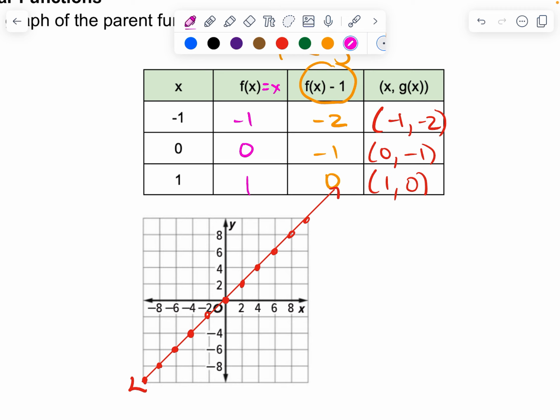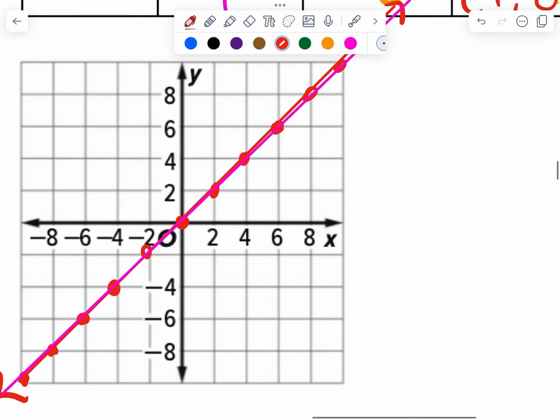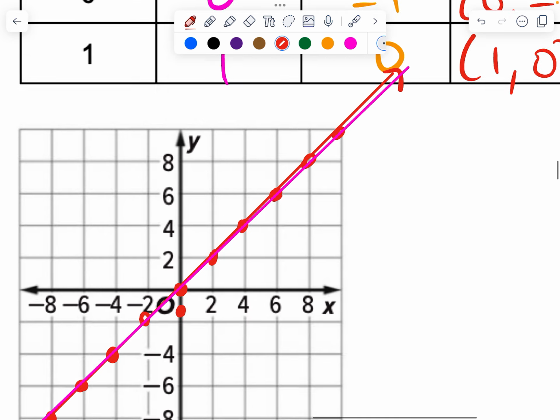So 0, negative 1. Oh, I did the wrong colors just now. This should have been this color. And in the red, we should have gone down 1. So we're going to be here.